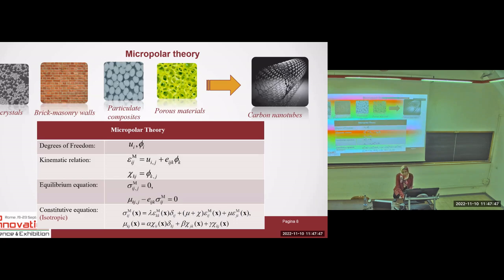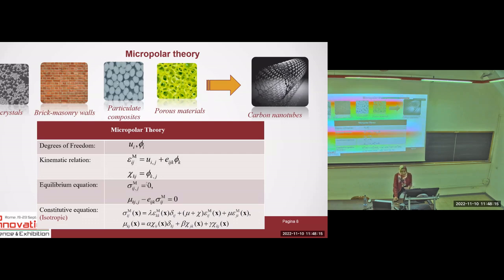In this case, we used micropolar theory because we know that micropolar theory is used to describe a lot of materials with internal structure, including polycrystals, brick masonry walls, particulate composites, and also porous materials. So we applied it to carbon nanotubes. These are the formulations. In micropolar theory, we introduce another degree of freedom, which is microrotation.